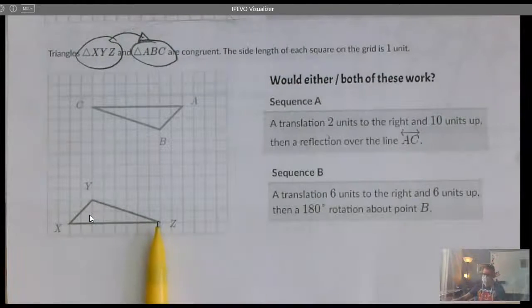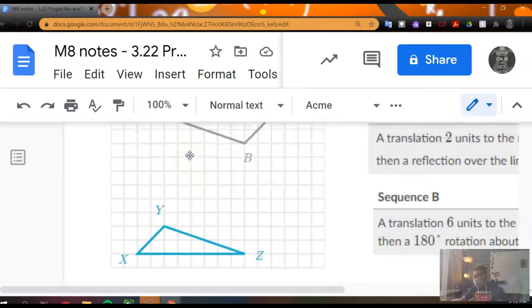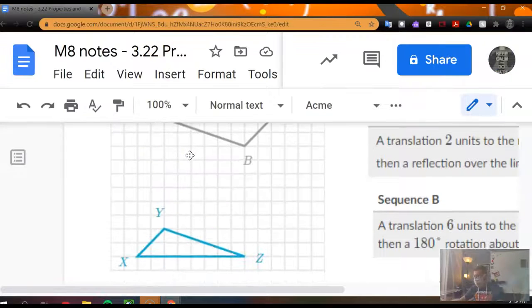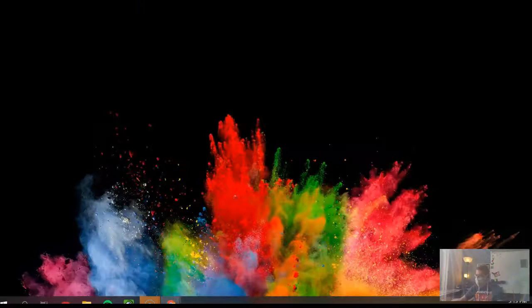Yeah, this is not in color. Blue-gray. You move the blue one.